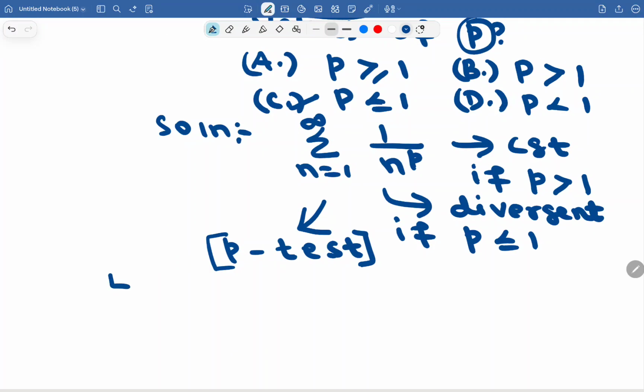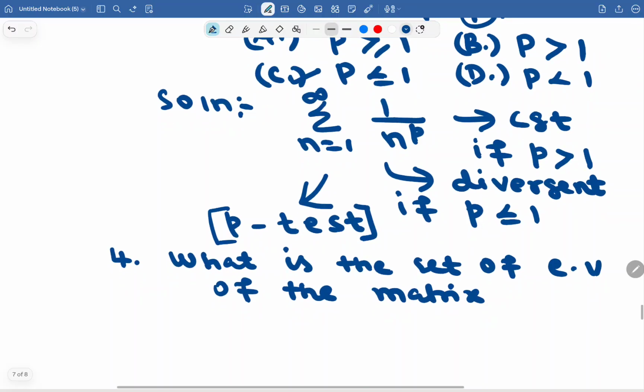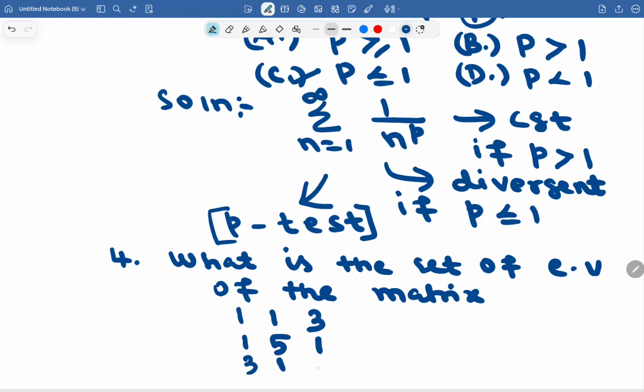Fourth problem: what is the set of eigenvalues of the matrix 1 1 3, 1 5 1, 3 1 1?